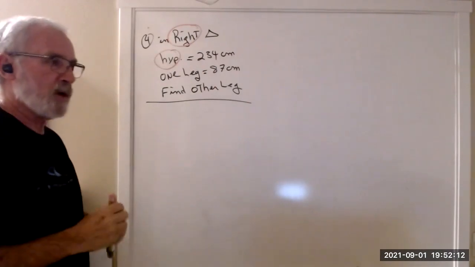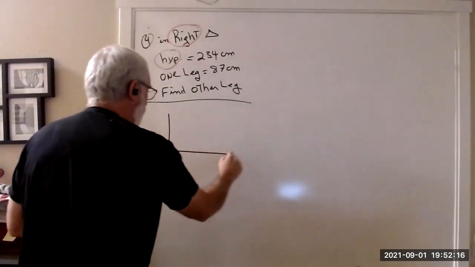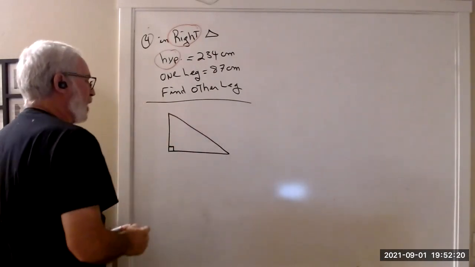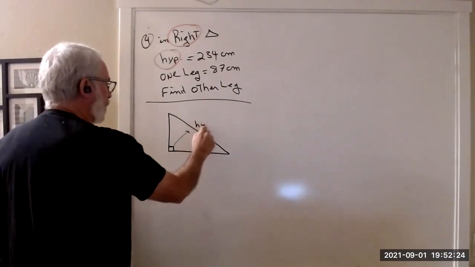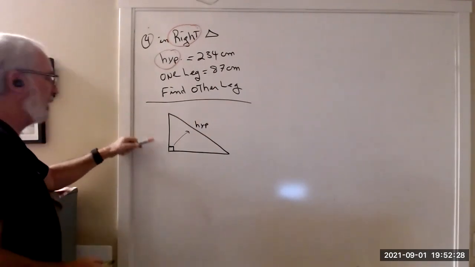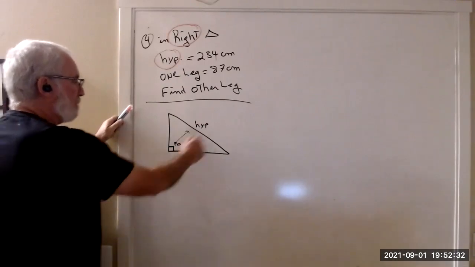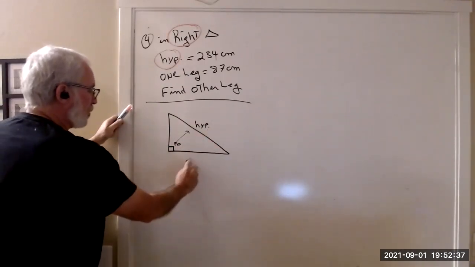Those are giveaway words. What that tells us is our triangle looks like this. There's a right angle, and the hypotenuse is always opposite the right angle. Wherever the right angle is, it measures 90 degrees. The hypotenuse is always the side opposite it, and these are called legs.